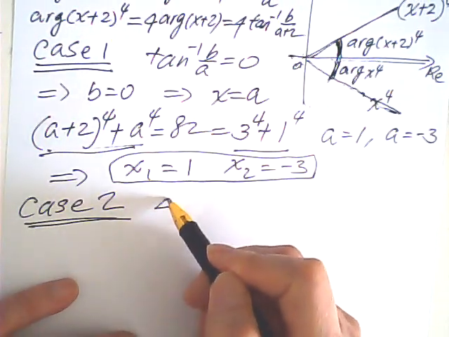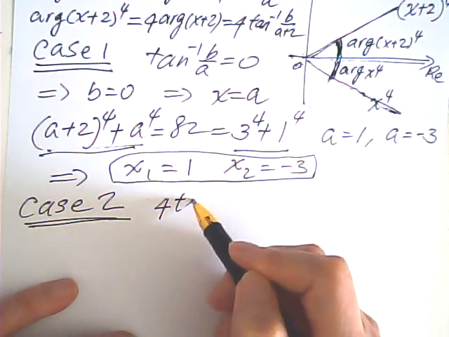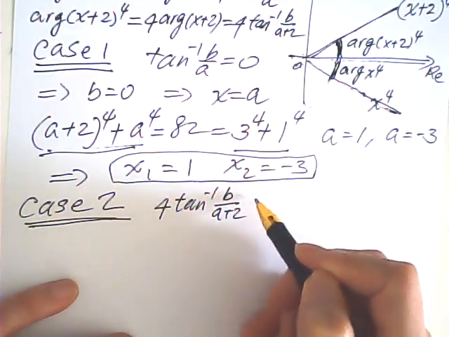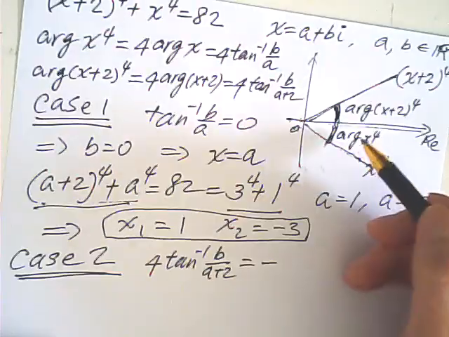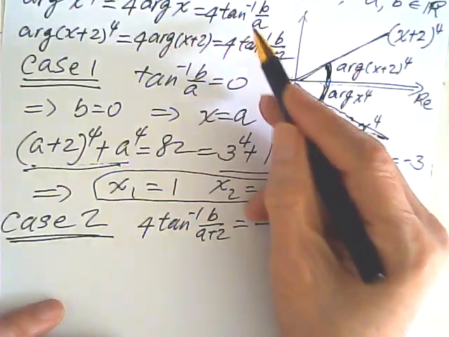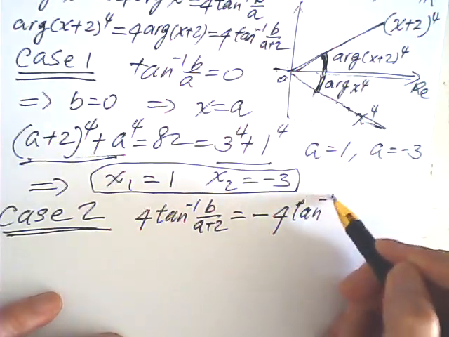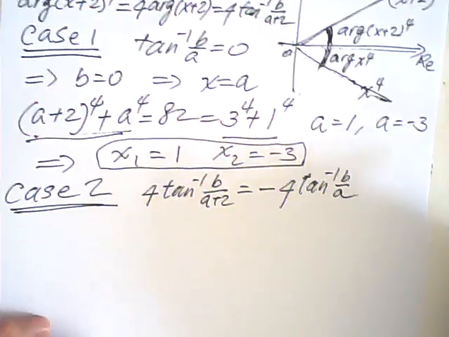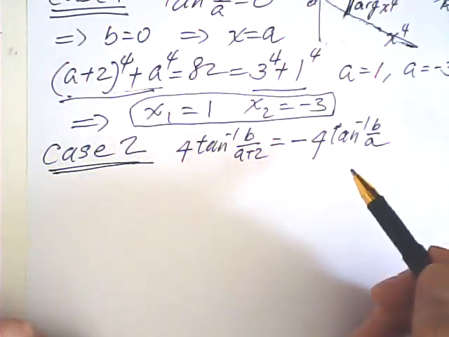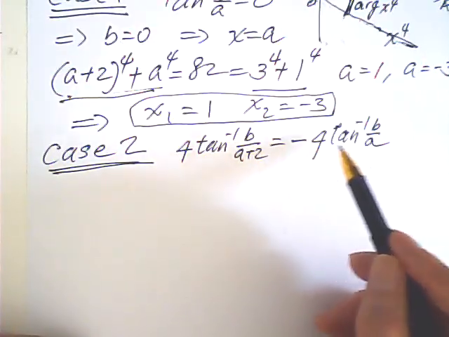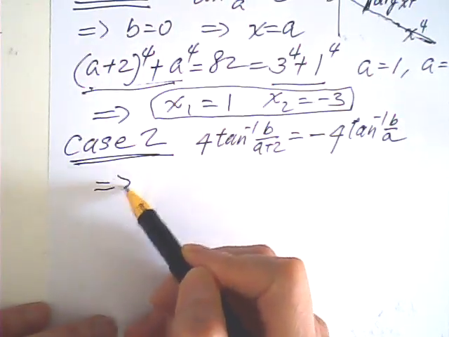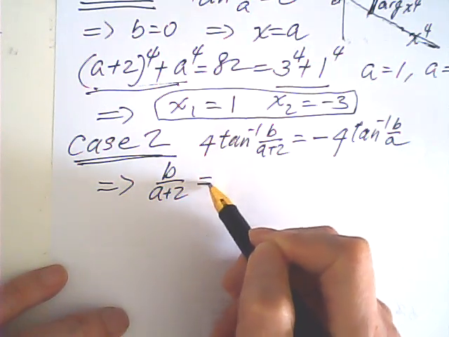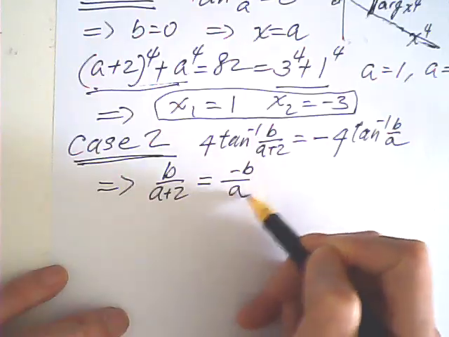That means 4 times arctangent b over a plus 2 is equal to negative 4 times arctangent b over a. And the 4 cancels out. So arctangent of this one equals negative arctangent of that one.